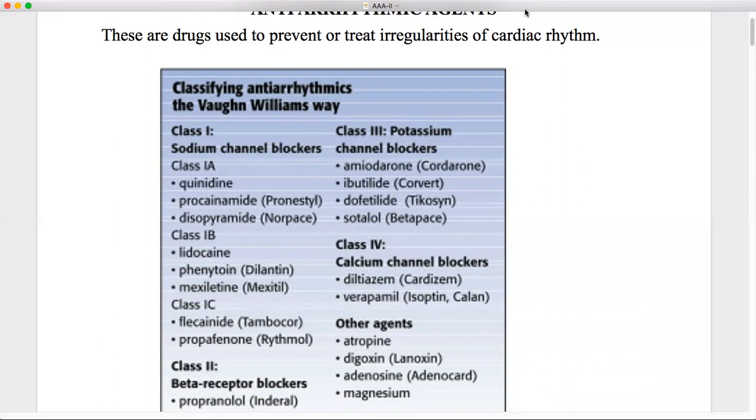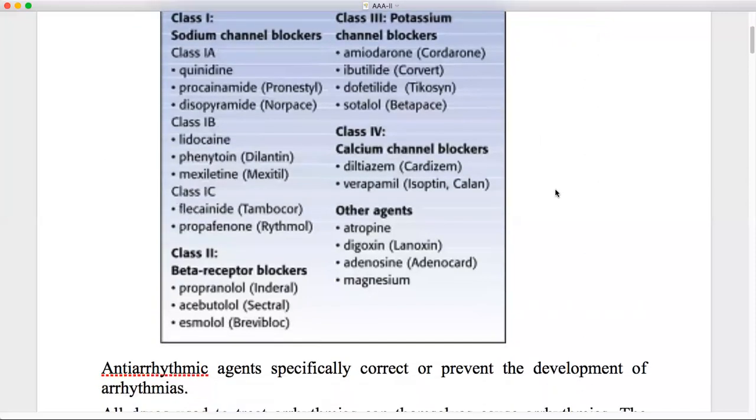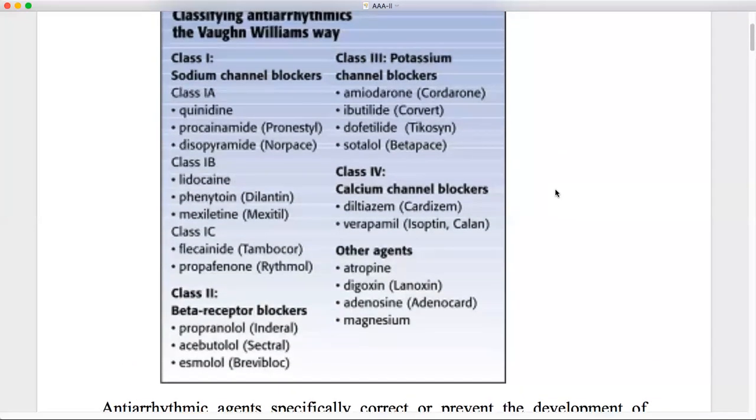And the next one is class 2. Class 2 is also called beta receptor blockers, the same class which we have discussed in our antihypertensive agents. That also can be used as an antiarrhythmic agent. Then the third class is the potassium channel blockers.